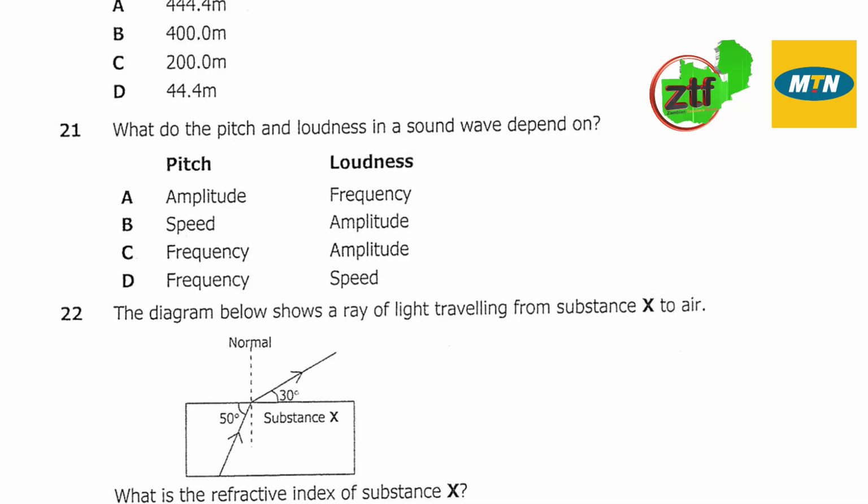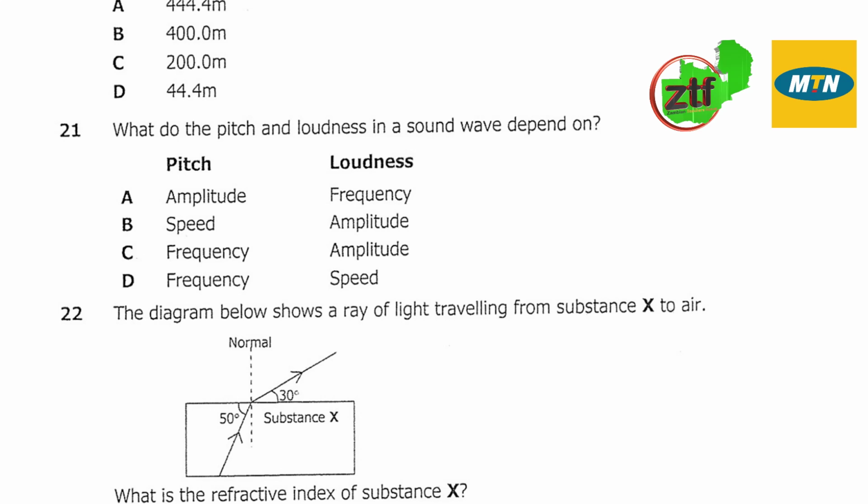Amplitude means how much energy you have given to this wave, and frequency means how fast this vibration is occurring, and what is its intensity. That is what determines the pitch. So the pitch is determined by frequency. In fact, we can say that the frequency depends on the pitch, and amplitude also dictates the loudness.